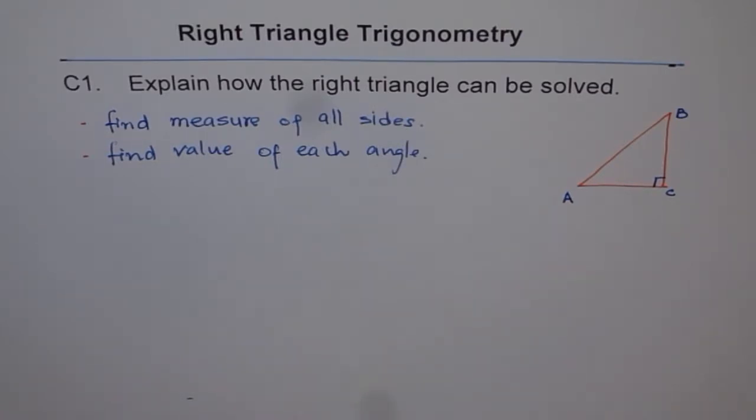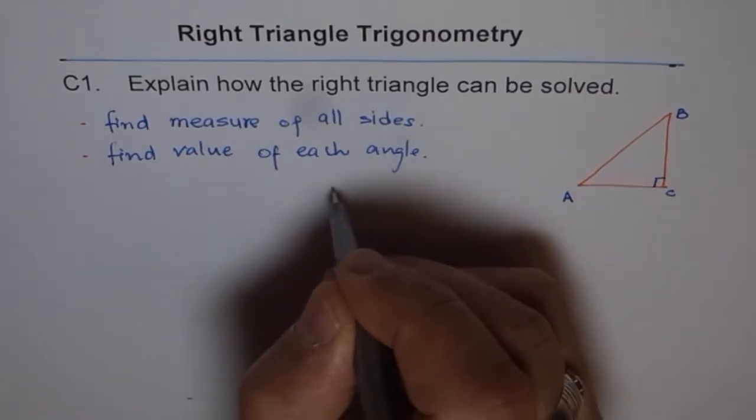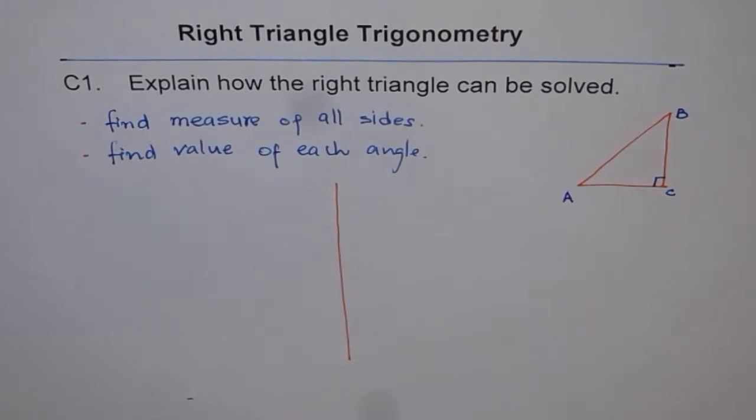Now the question here is how to solve right triangles. To solve right triangles, we should be given something, right? So there could be two cases. We'll consider what should be given at least to solve the right triangle.